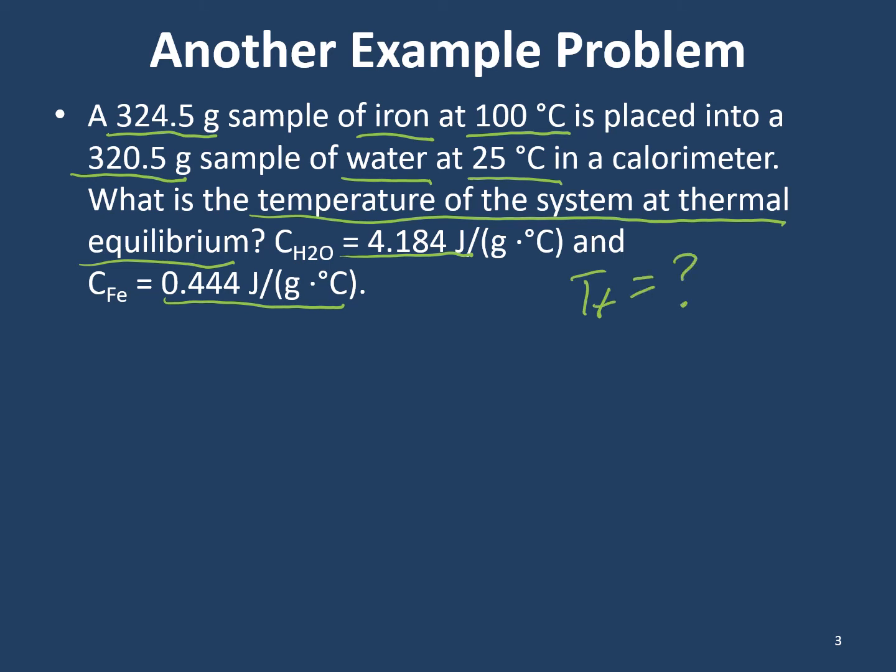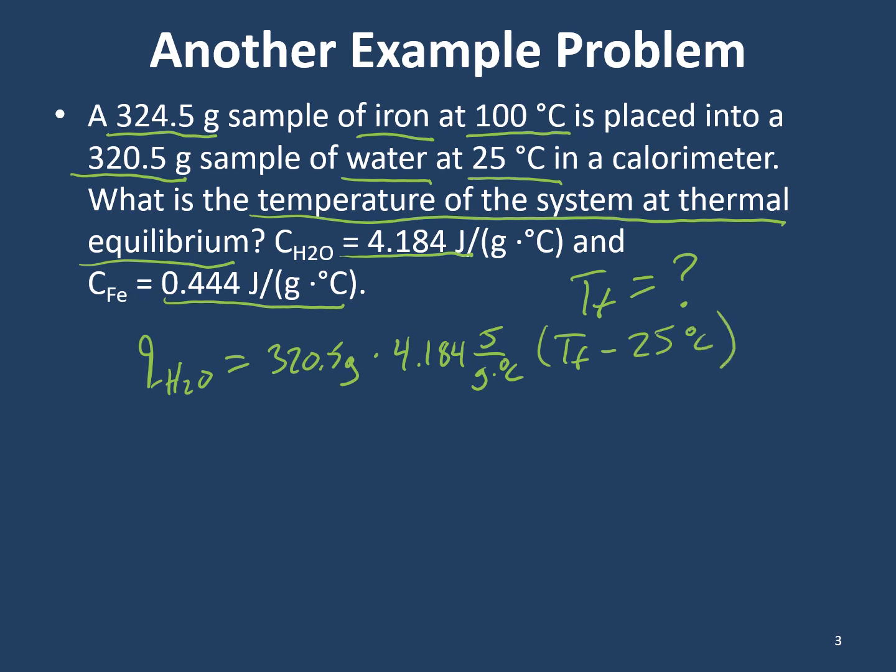All right, now if we look at this, we have a slight issue. I cannot calculate the Q of water. I know that the mass is 320.5 grams. I know the specific heat is 4.184 joules per gram Celsius. And I know T final minus 25 degrees Celsius is my delta T. But I don't have T final, so I can't calculate the Q of water.